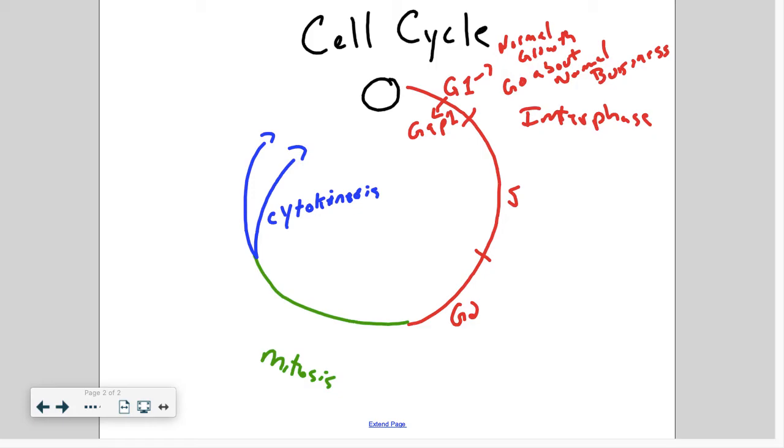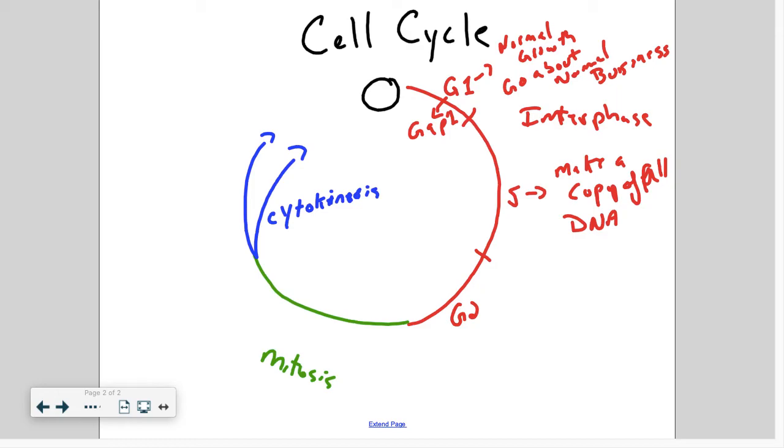When those cells are told to divide, the next thing they go into is S. And in S, they make a copy of all their DNA, make a genome copy.